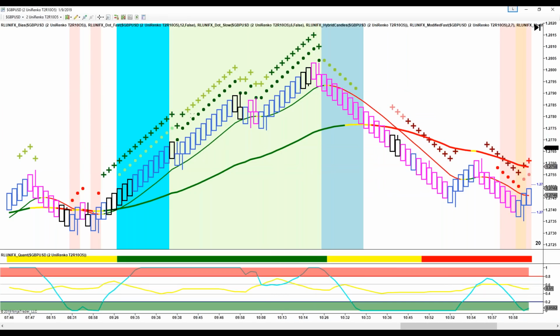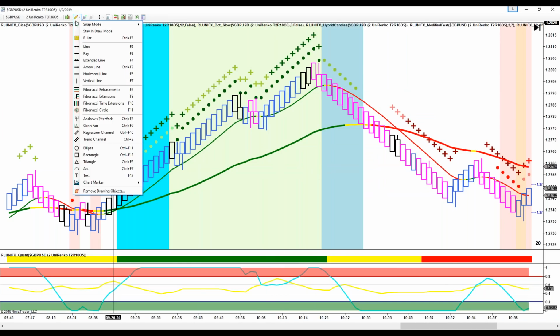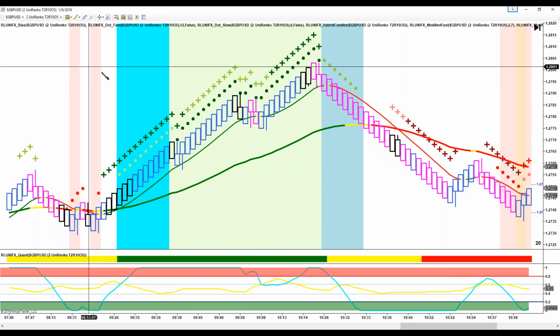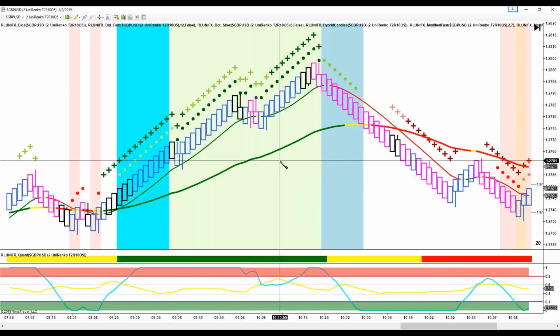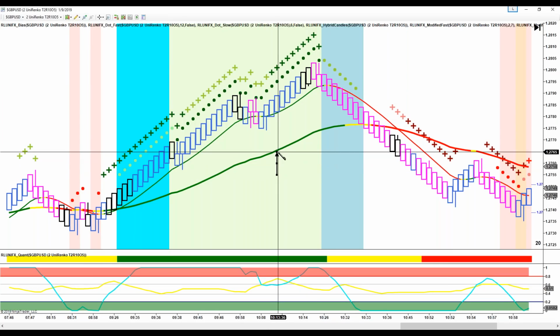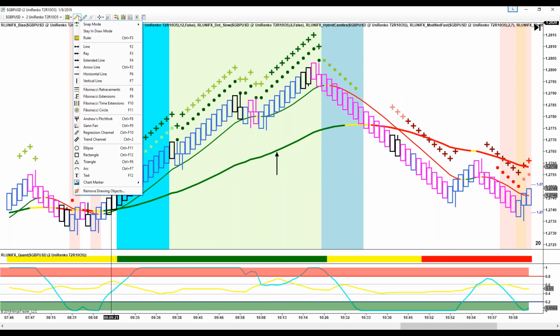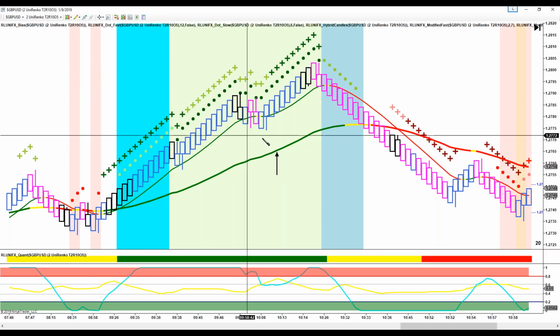Okay, now, for some traders, this is going to be a little bit redundant, but I think all of it is worth talking about. Now, this is our 50, and this is our 15.